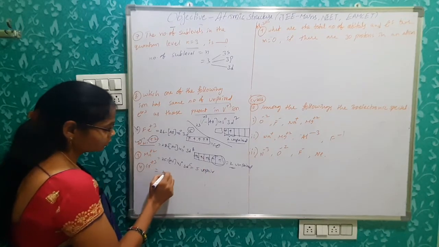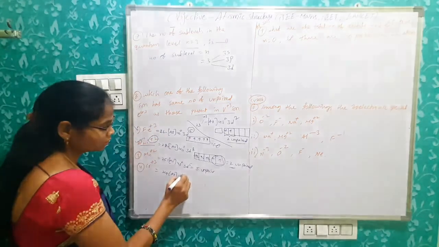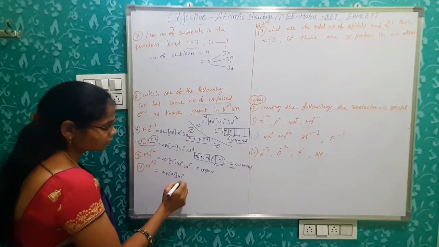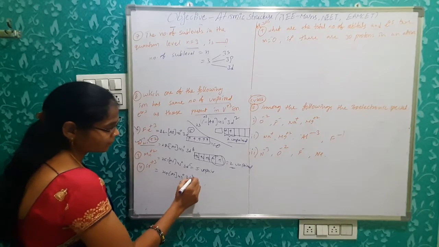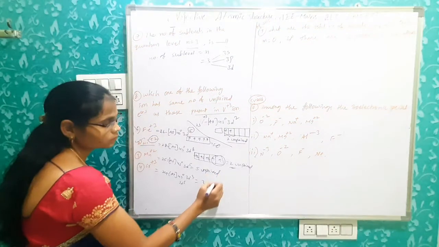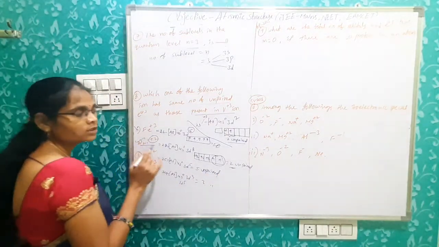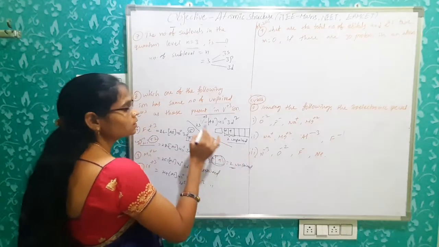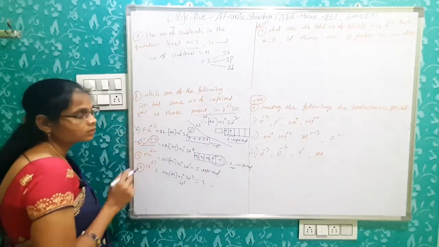Next, chromium 24, argon 4s1 3d5, so plus 3 is 4s0 3d3, which means 3 unpaired electrons. So only nickel plus 2 has the same 2 unpaired electrons as vanadium plus 3. You have to select nickel plus 2. Clear? Next.